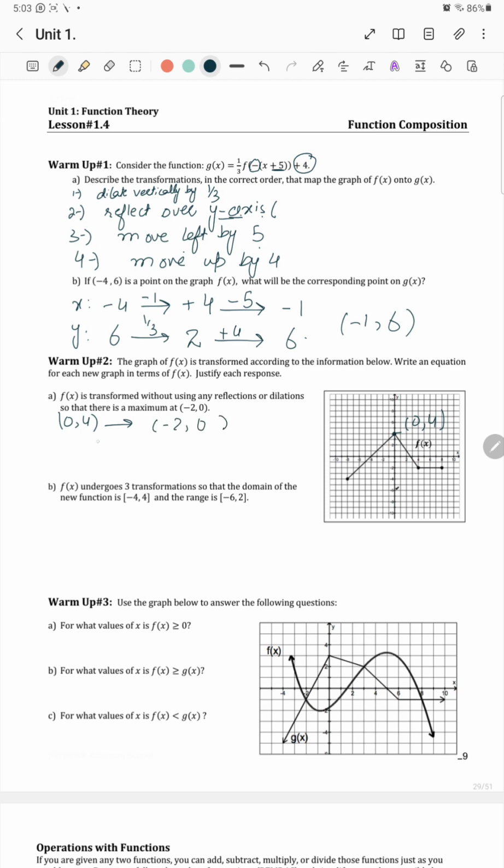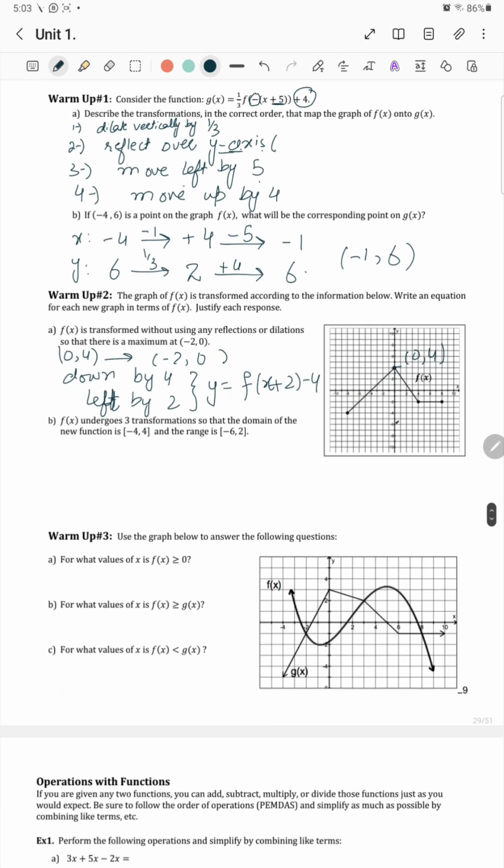So this means we have gone down by 4 and left by 2. Y is equal to f of x plus 2 minus 4.